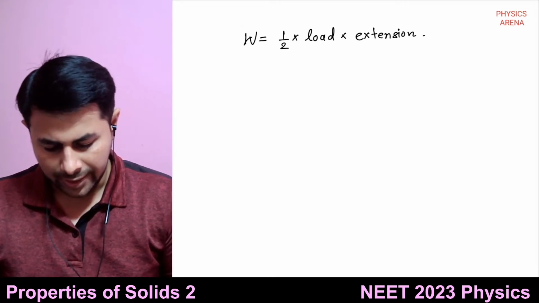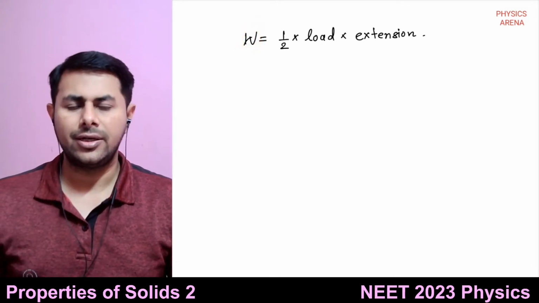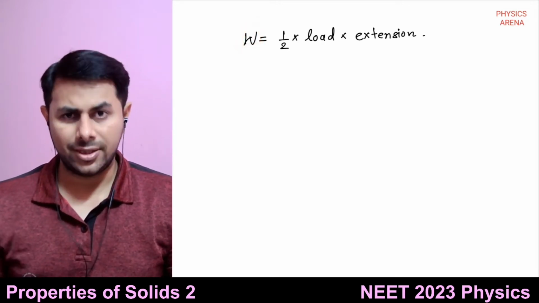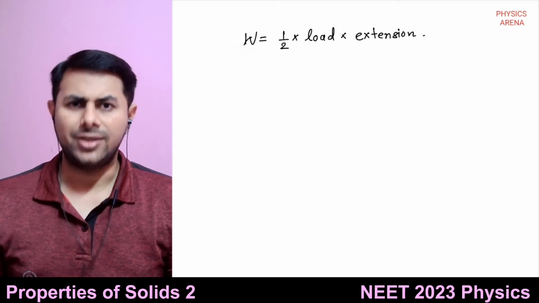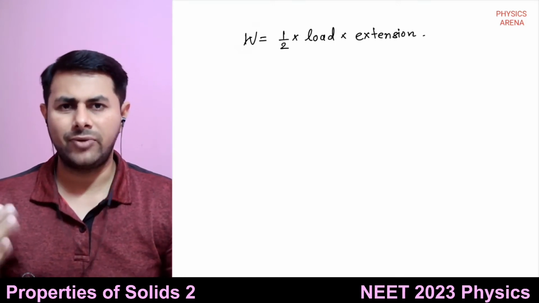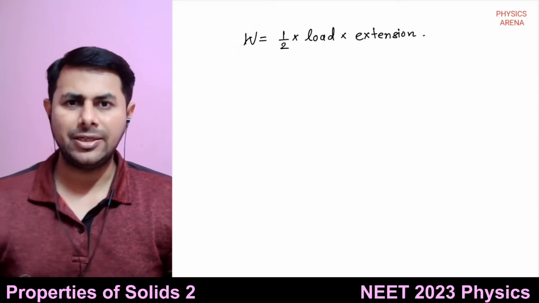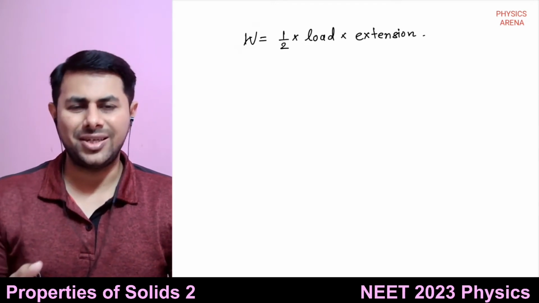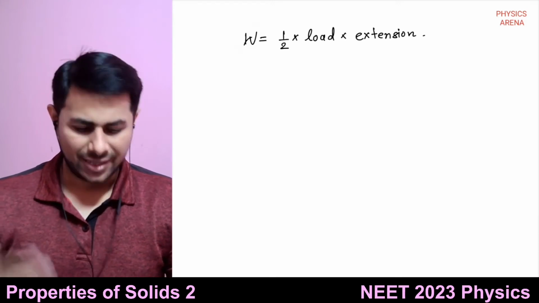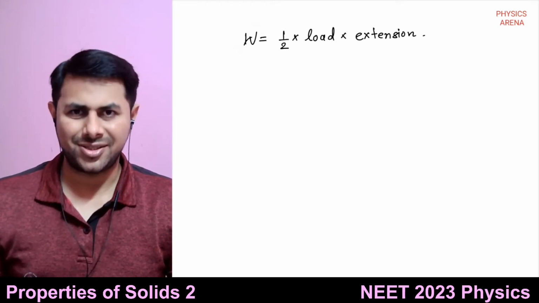Okay, and this work done gets stored as the potential energy of the wire. Okay, so when you remove the external forces, what happens? The wire regains its original shape and size. Okay, so for that it will have to do some work, and that work is done using this energy.